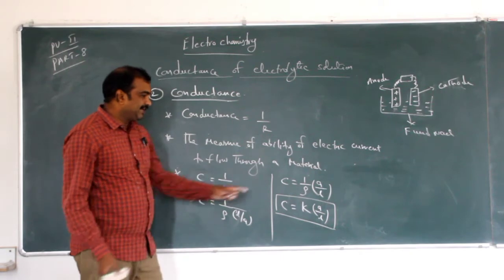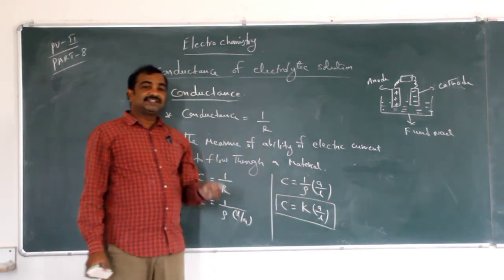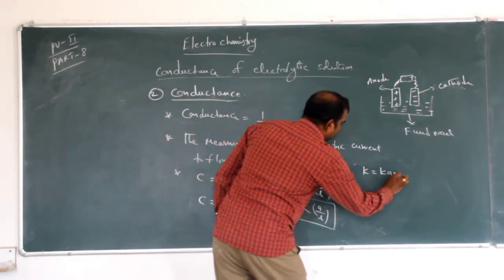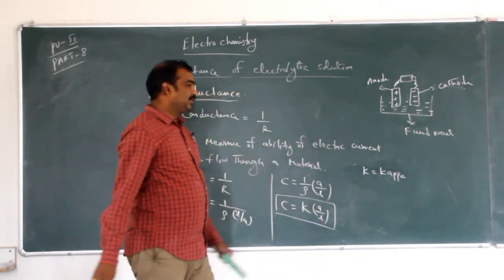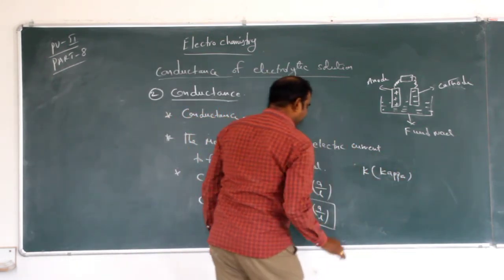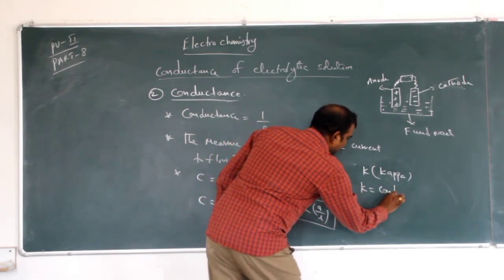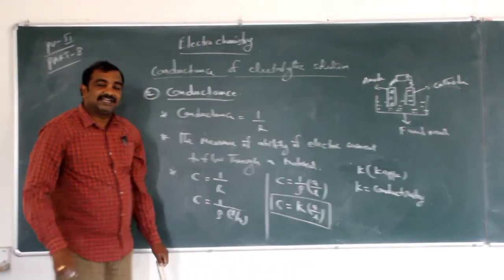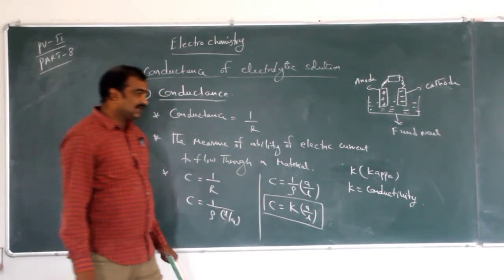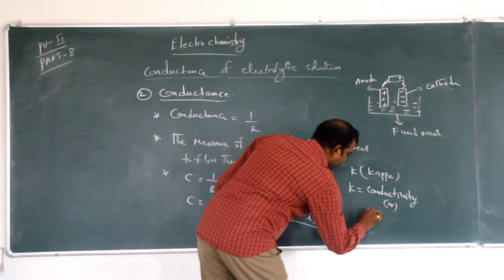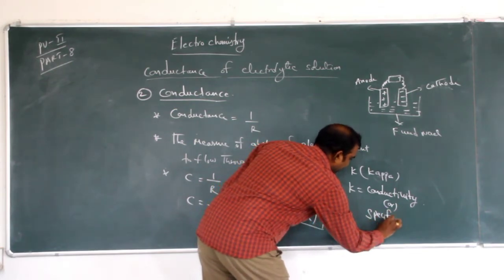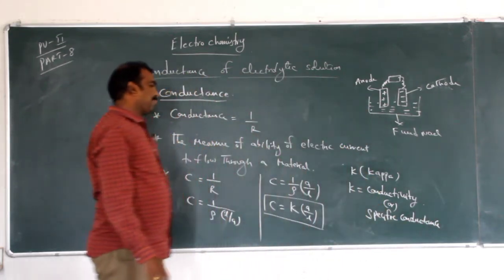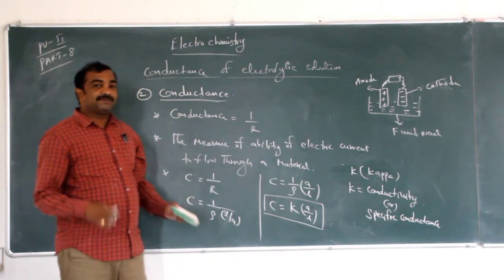Simply, instead of 1 by rho we are taking K. This is called kappa, and it is indicated as kappa.